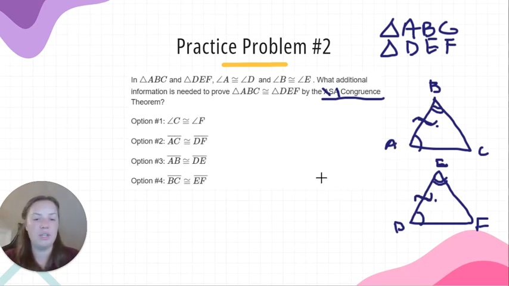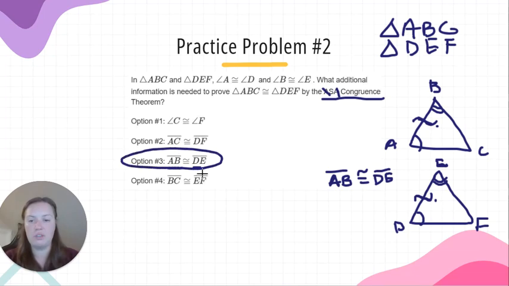What sides are those? It is AB, which we want to show is congruent to DE. We're going to look over here in our options and look for AB and DE. So that means option 3 is the information that we need.